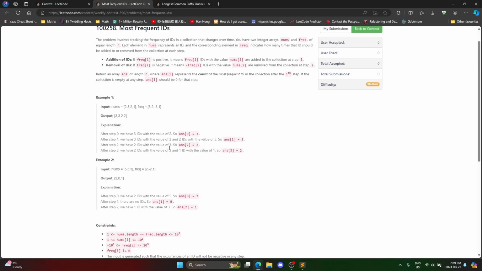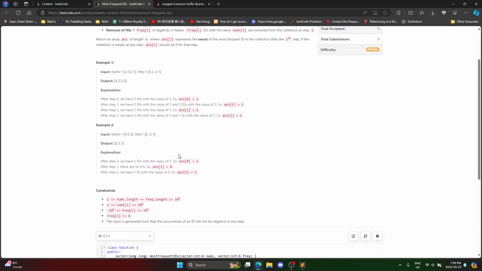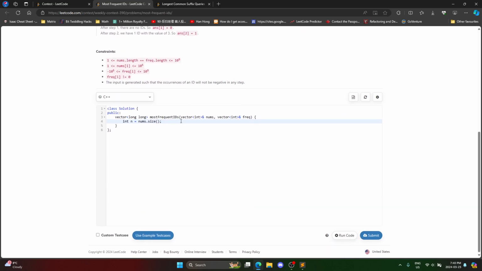Two IDs, value 3. So, can't we just simulate it then?